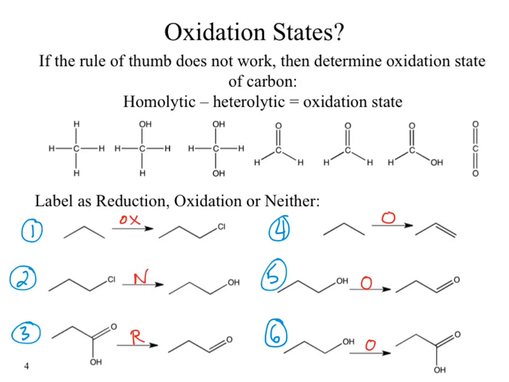Number 2. Why is 2 neither? Okay. Remember your reduction and oxidation rules that we put up on that previous slide, looking at the number of hydrogens and oxygens, is a rule of thumb that gets us through most examples. This one becomes a bit questionable. The broader definition has to do with how the electrons are being shared around that individual atom, which looks at homolytic versus heterolytic cleavage, which means any atom that is more electronegative than carbon will take electrons away from it.